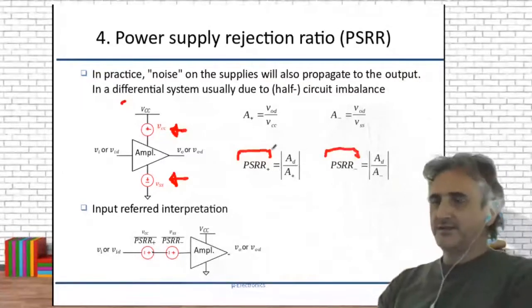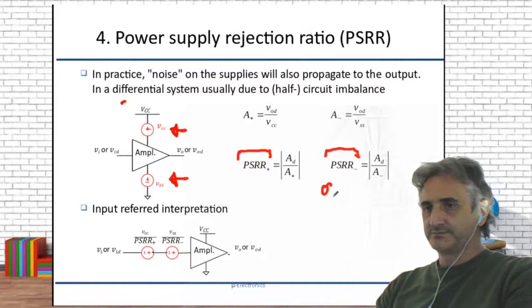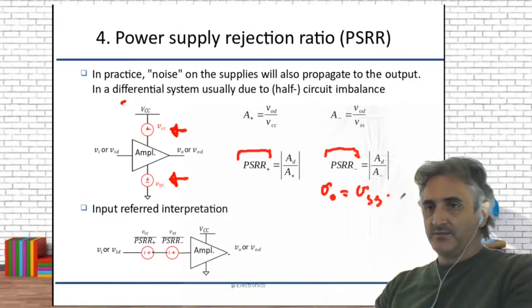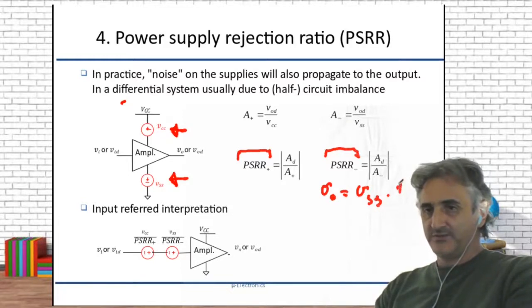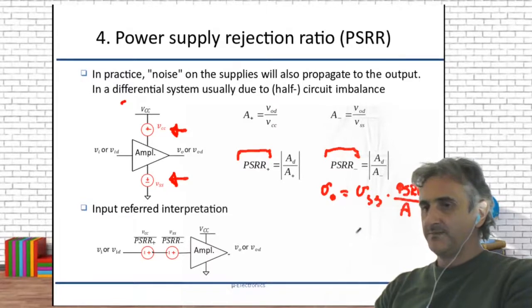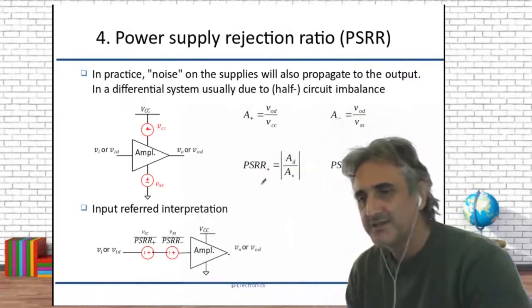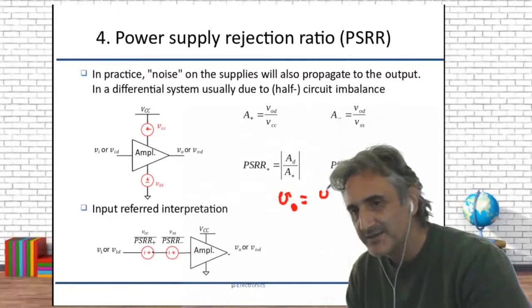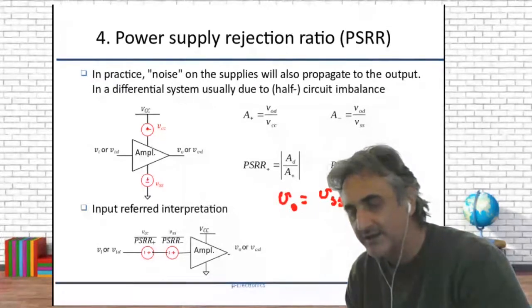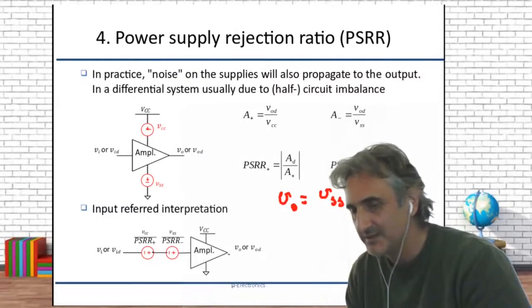Okay? So here, this is saying that the output is going to be, for instance, this VSS multiplied by the gain over the PSRR, for instance, VSS or VCC by the plus.